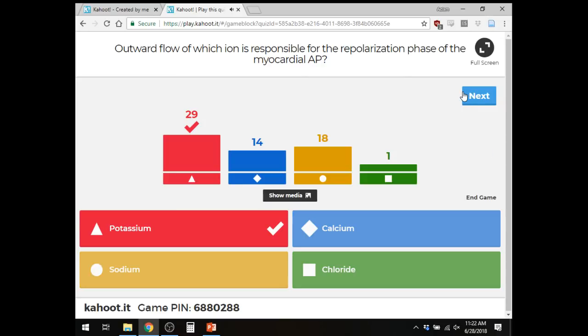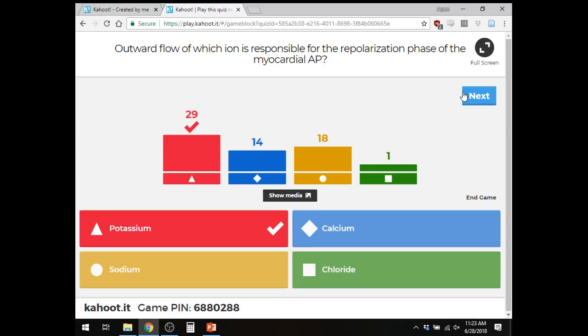All right, yes, potassium. Okay, so remember what's going on. So let's say we're looking at the fast response cells that are responding. So looking at phase 0, what's happening? Sodium influx, right? So it causes a big depolarization. So sodium coming into the cell causes that rapid depolarization.